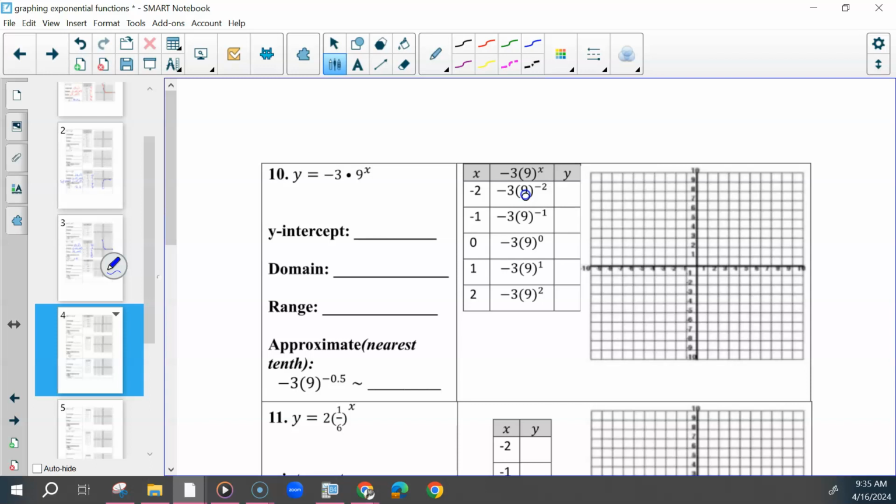So this would be 1 over 81 times negative 3. It would be negative 3 over 81. And then you could simplify that. So negative 1 over 27. So figure out what negative 3 times 9 to the negative 1 is. Again, you'll get a fraction.